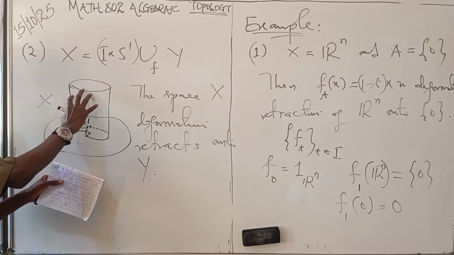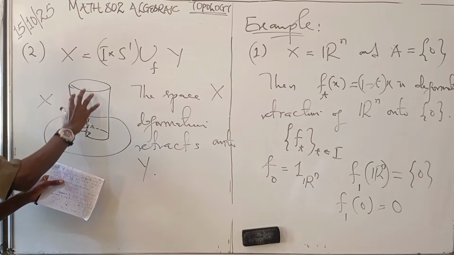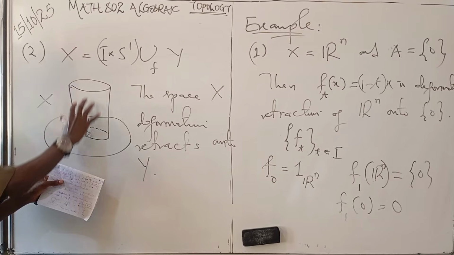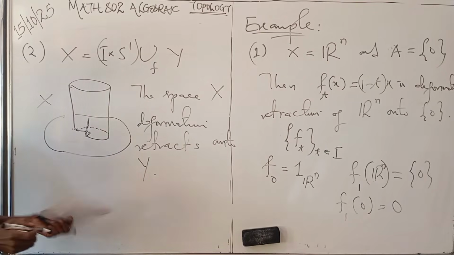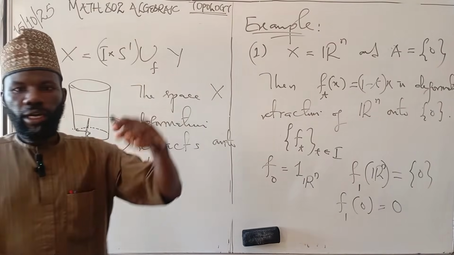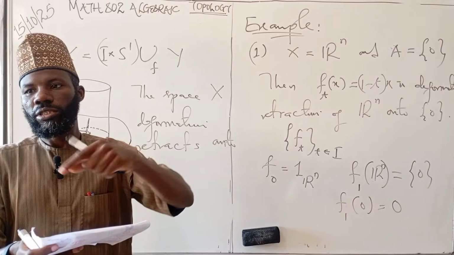The points on the cylinder will be moving down, down, down until they collapse down to this closed subset. Because a cylinder can always deformation retract to the cycle.